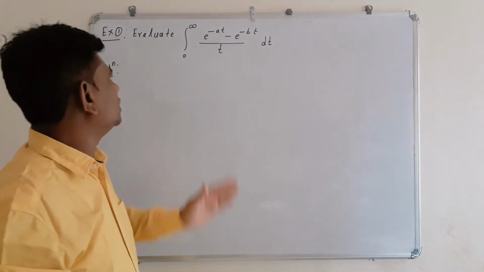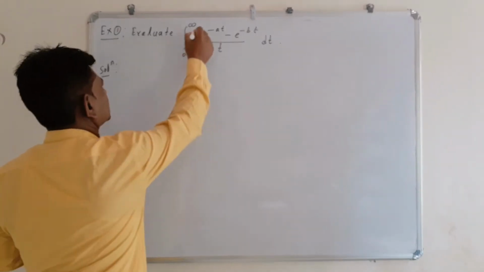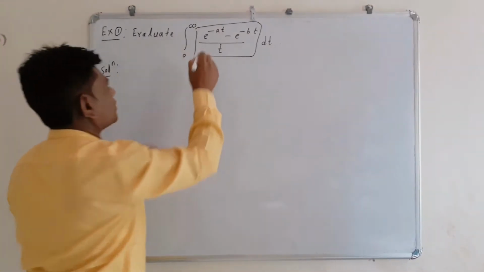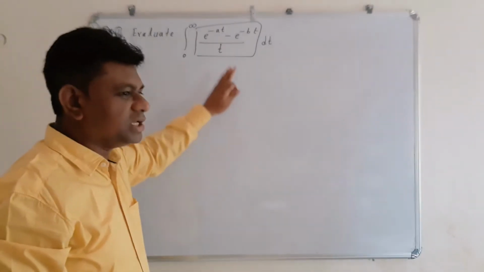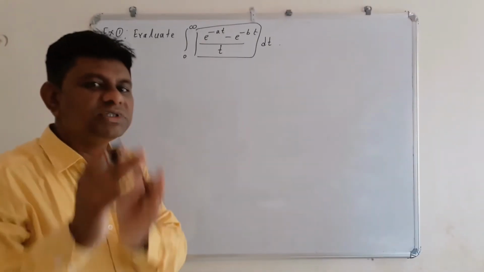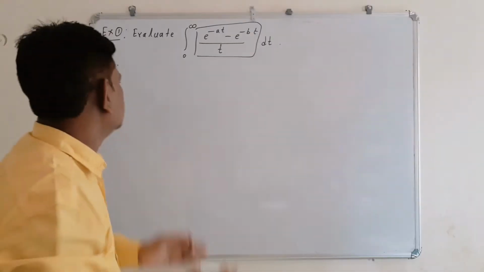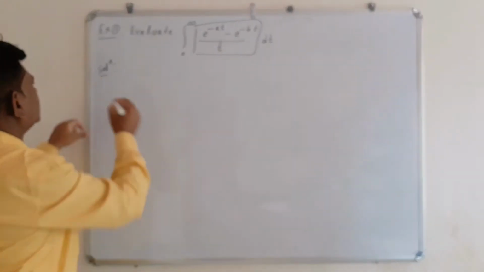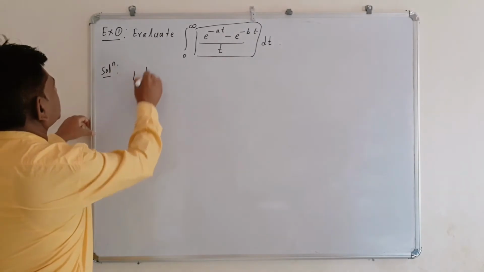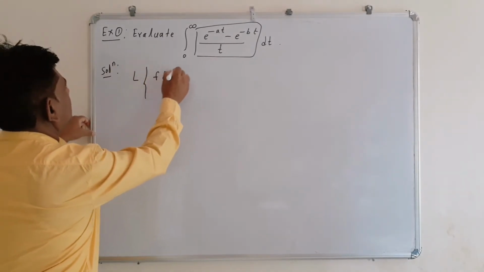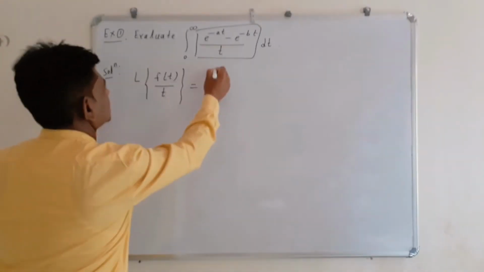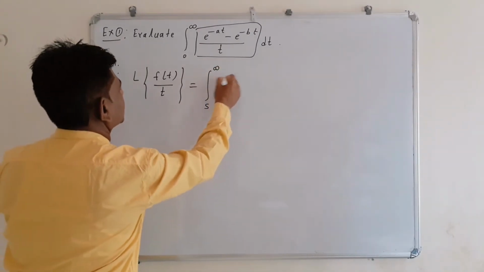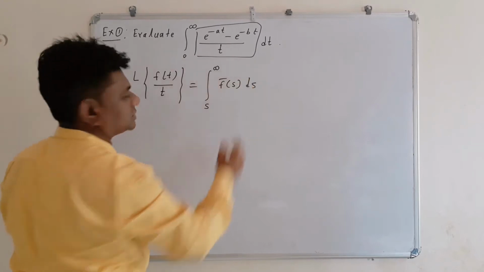Now in the solution, first we find Laplace transform of e to the power minus at minus e to the power minus bt upon t. Now we know the division by t property. So I hope you remember, Laplace transform of f of t upon t is equal to integration s to infinity f bar s ds.